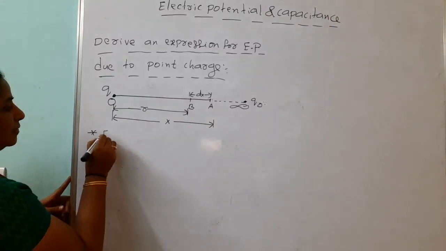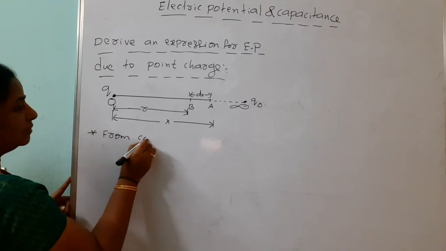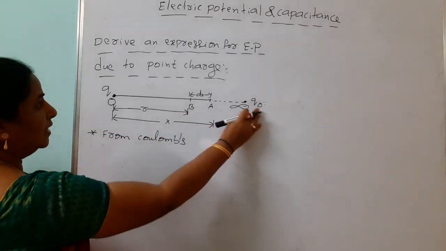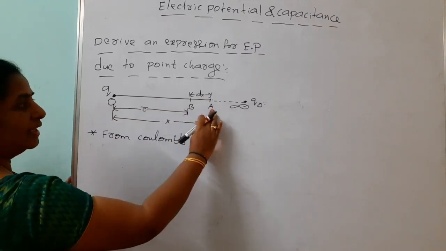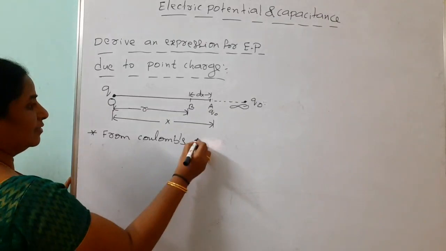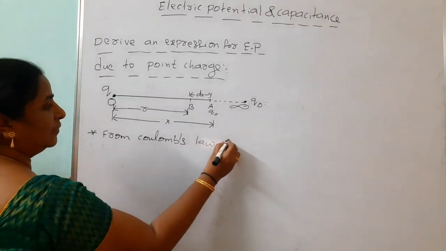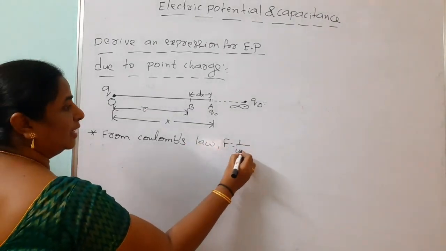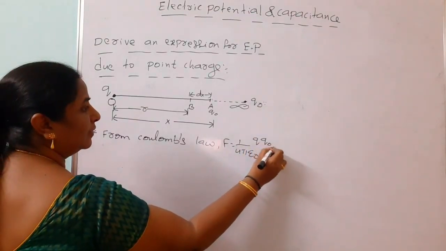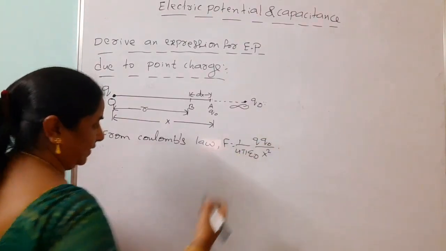From Coulomb's law, how much force is acting between Q and Q0? Now you can take Q0 is at point A. Distance is the x. From Coulomb's law we can write F equals to 1 by 4 pi epsilon naught Q Q0 by x square.